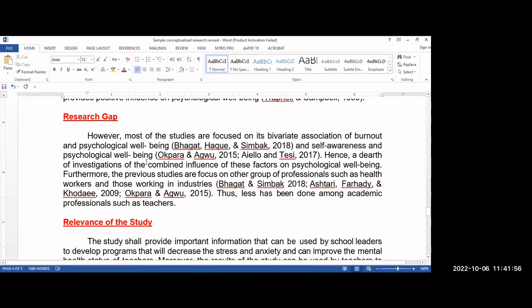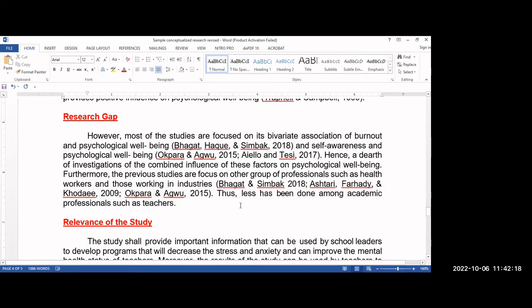Hence, a dearth of investigation of the combined influence of these factors on psychological well-being. Furthermore, the previous studies are focused on other group of professionals such as health workers and those working in industries. Thus, less has been done among academic professionals such as teachers.